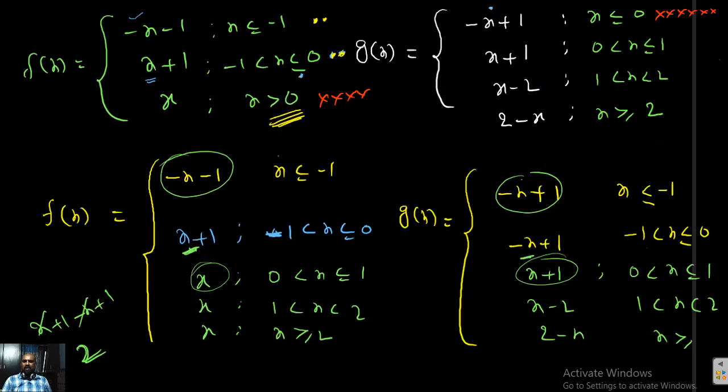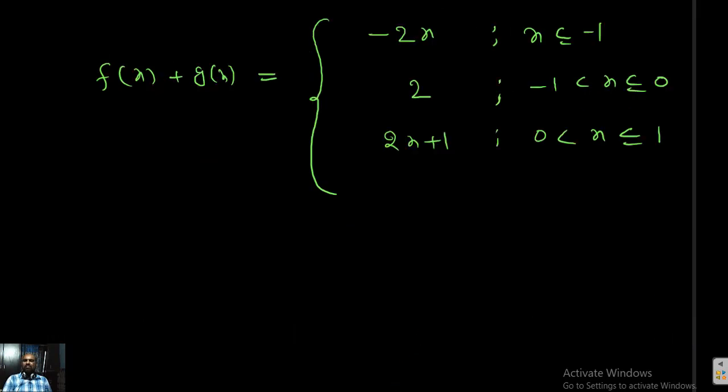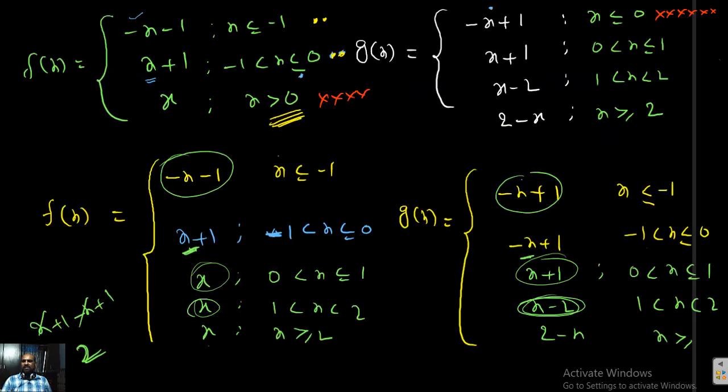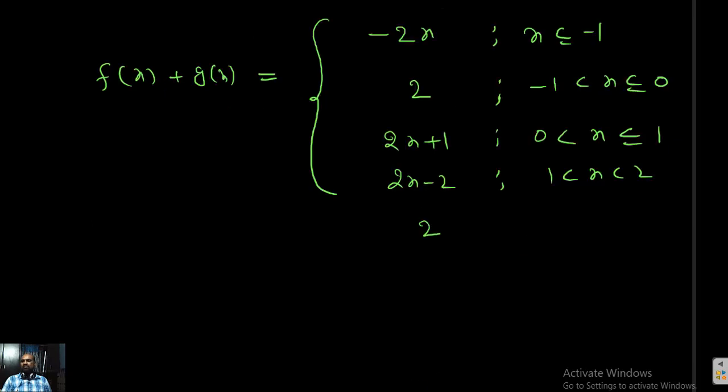Now I can add this with this for this rule. So 2x minus 2, for 1 less than x less than 2. Next I can add this with this, that is x getting 2, for x greater than or equal to 2.